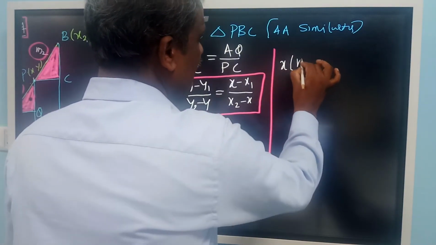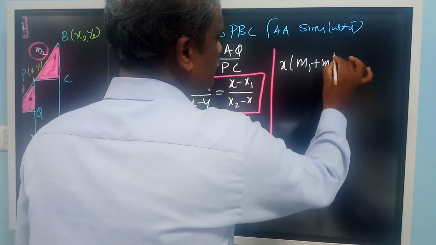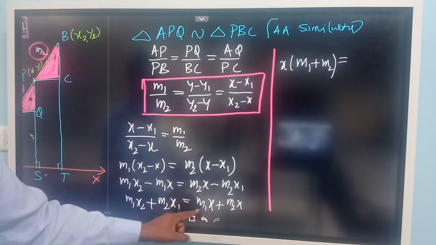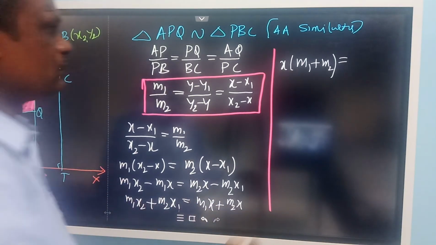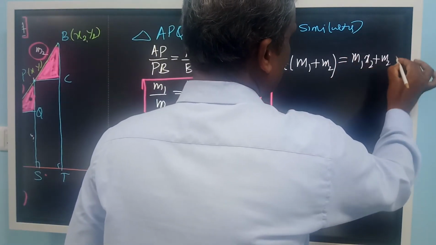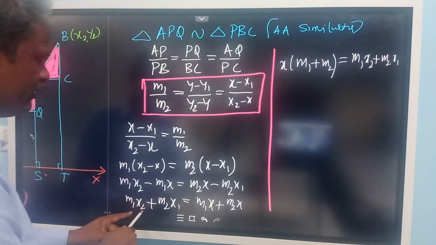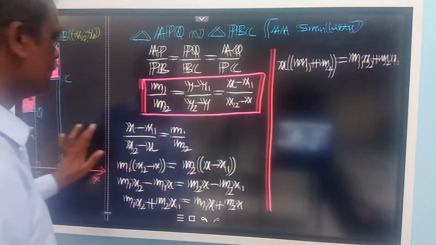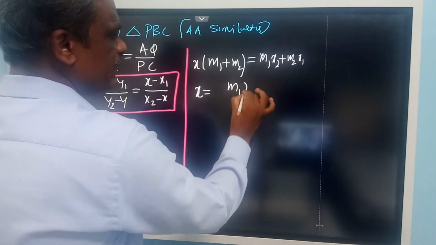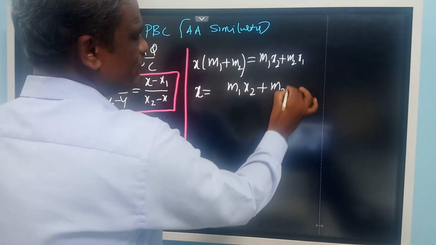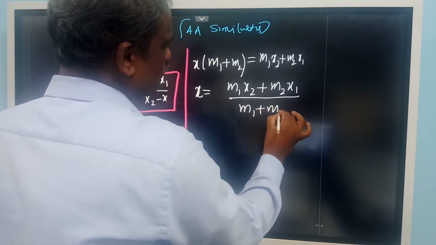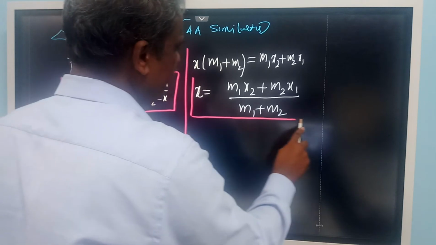So m1 plus m2 is equal to m1 x2 plus m2 x1. Now x value you want, m1 x2 plus m2 x1 divided by m1 plus m2. So this is the value of x.